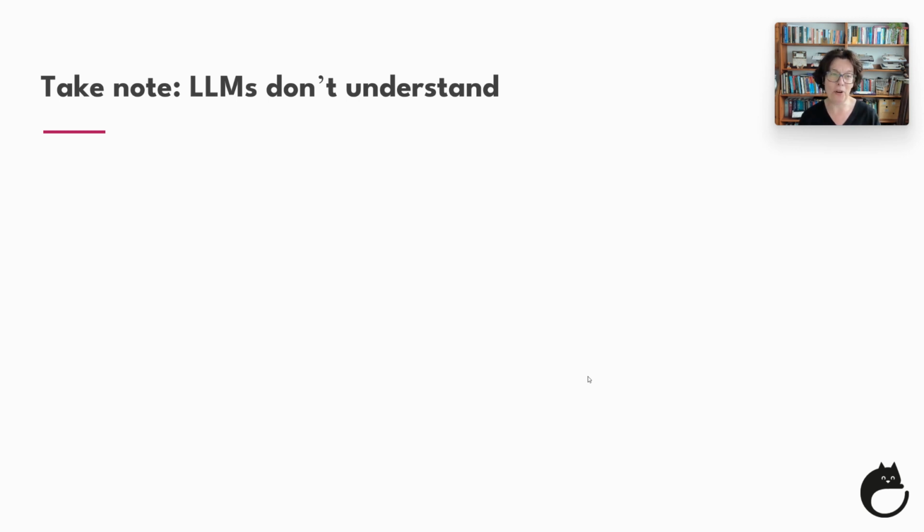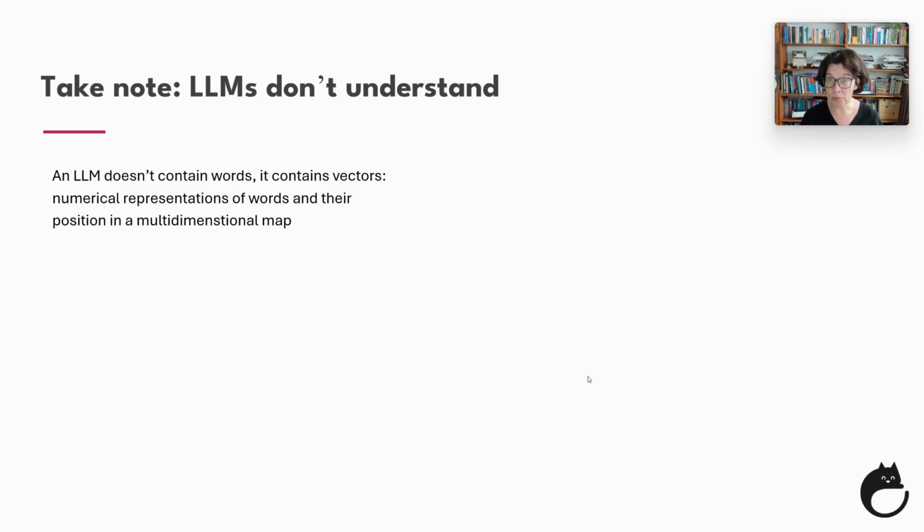First risk, or first take note, as I would call it, is to realize that large language models don't understand. A large language model doesn't contain words. It's not a database with documents or text or anything. Rather, it contains vectors. And vectors are abstract numerical representations of words and their position in this huge multidimensional map that I already mentioned earlier.